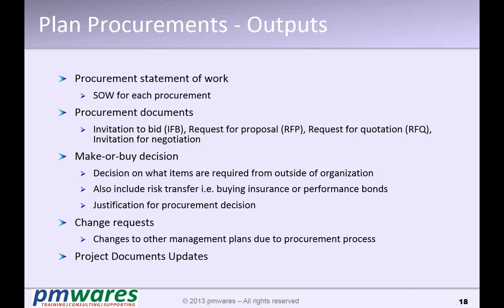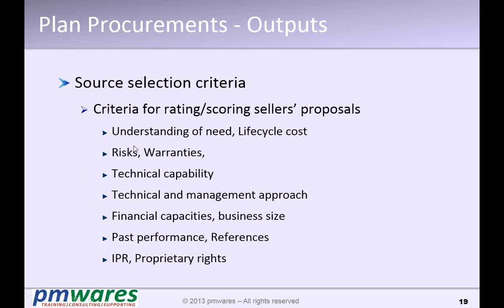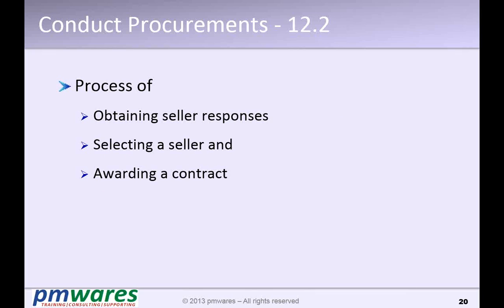Based on that only you will give the contract to the person. So a request for proposal is the most descriptive. You also state in the procurement management plan the source selection criteria, on what basis you will select a source or vendor. We'll discuss this a little more in the next coming section.